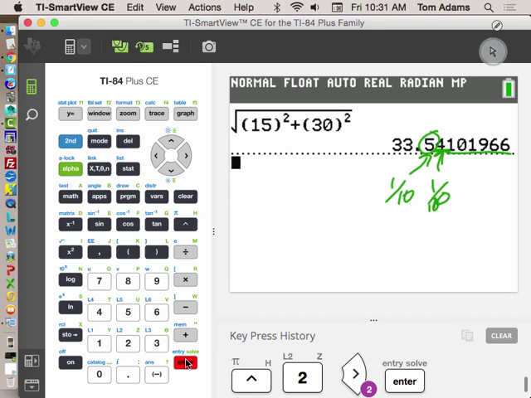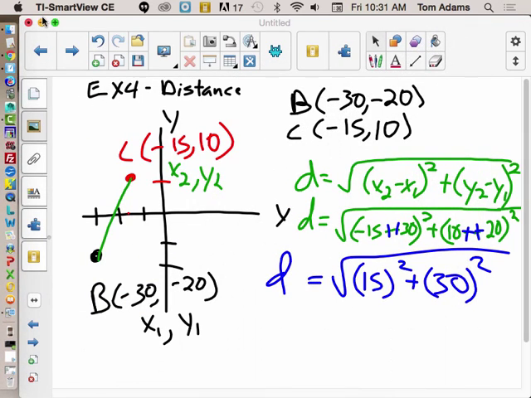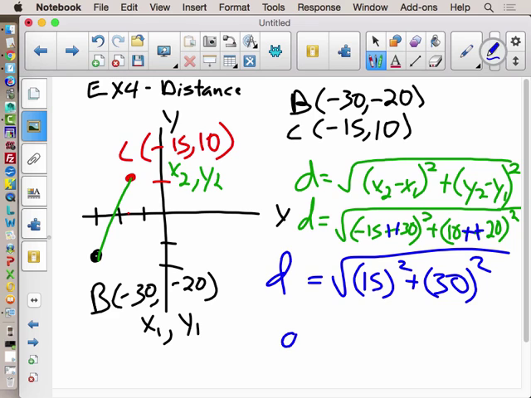So that means that my answer then would be D, whoops, not equal to, what do I put? Approximately 33.5. I think it was in meters. I can't remember the units. I think I read that somewhere in there.